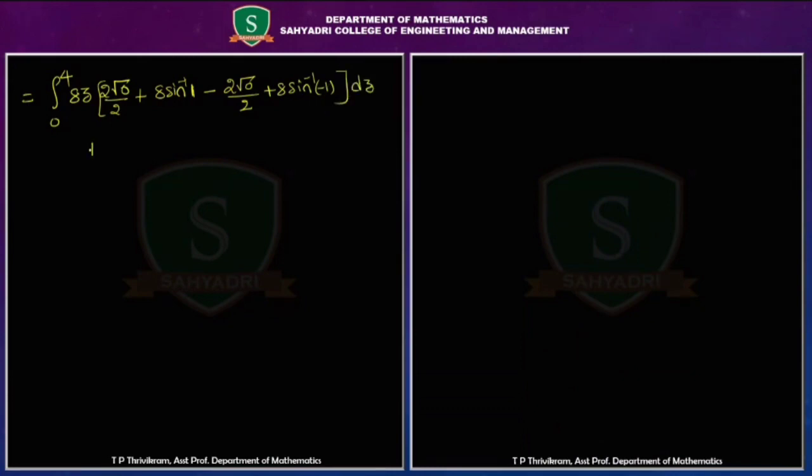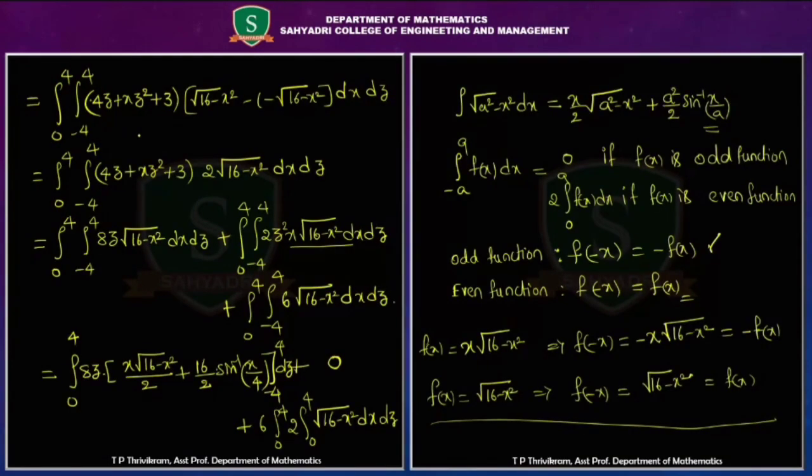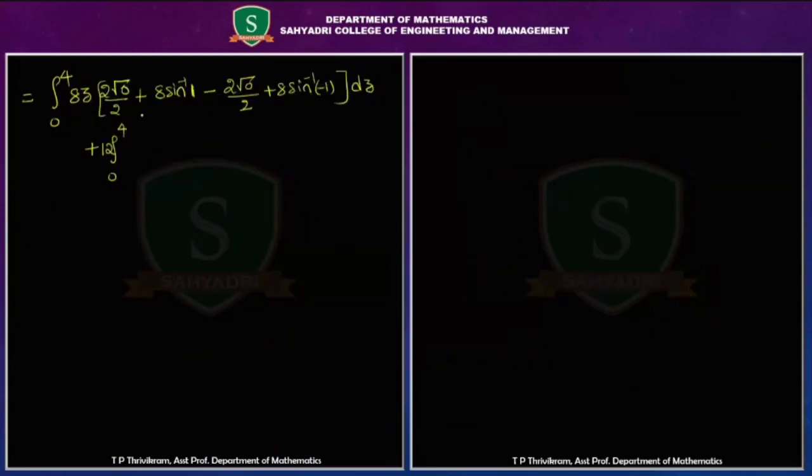Next plus integral 0 to 4. Here 12 will be there outside because 6 into 2. So apply the same formula here also. What happens? x by 2, sorry, here this is 4 now, here minus 4.